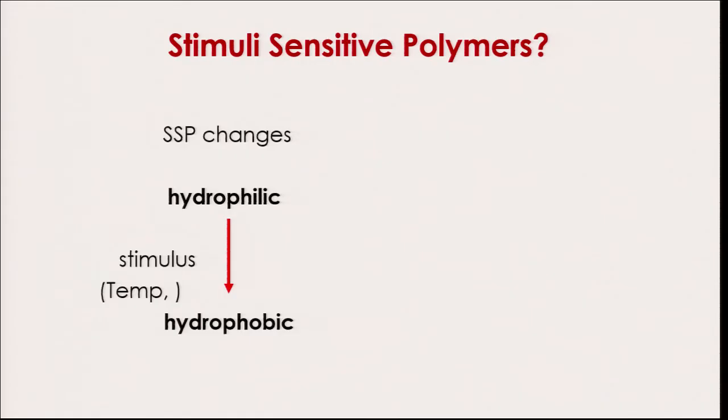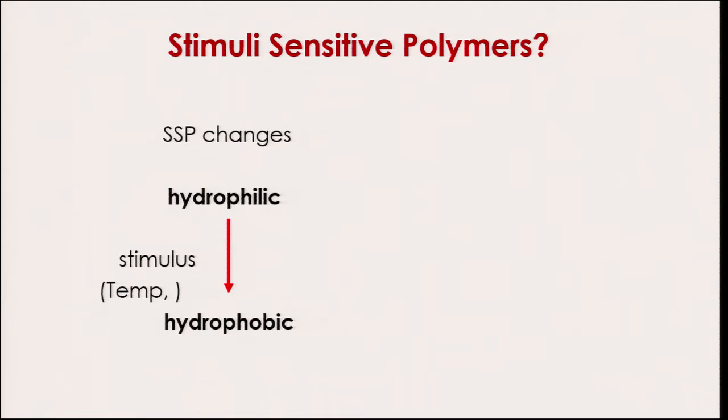Hello everyone. In this last part of the module on next generation fibers, I will be talking about approaches for design of stimuli responsive fibers. Stimuli sensitive polymers, here the SSP changes from hydrophilic to hydrophobic across the transition temperature.